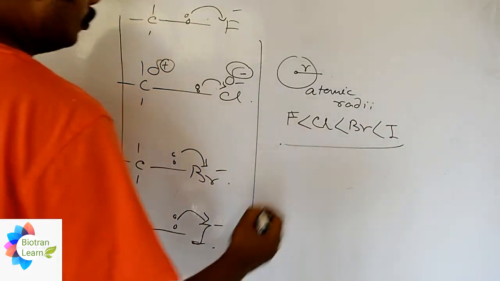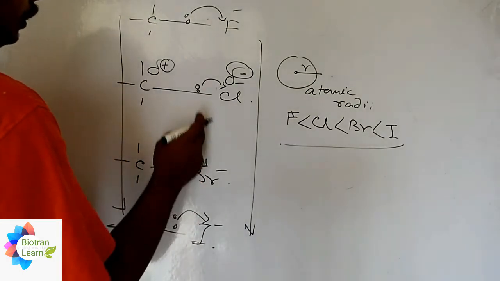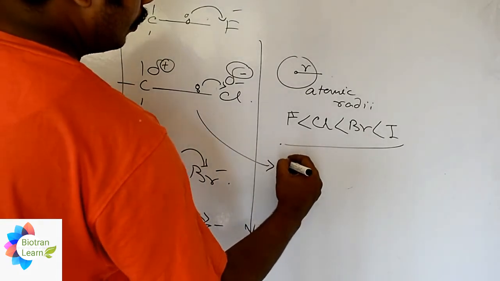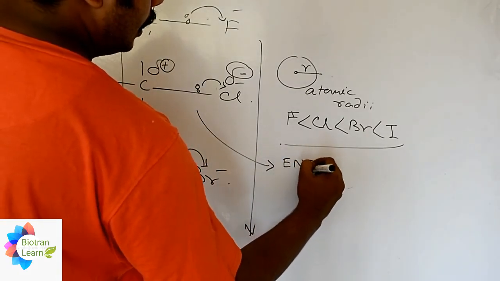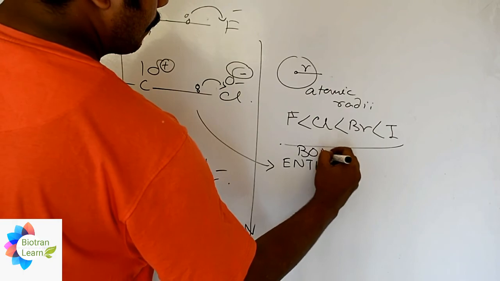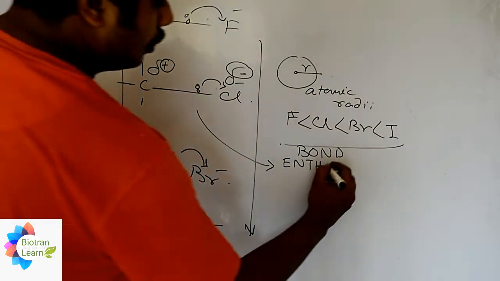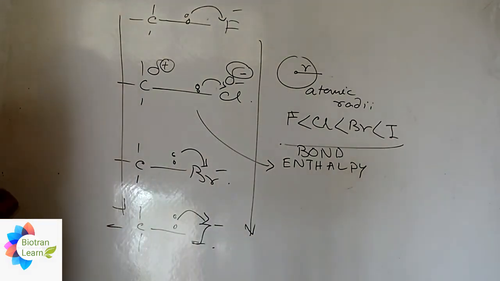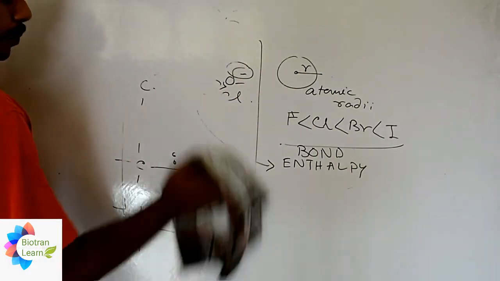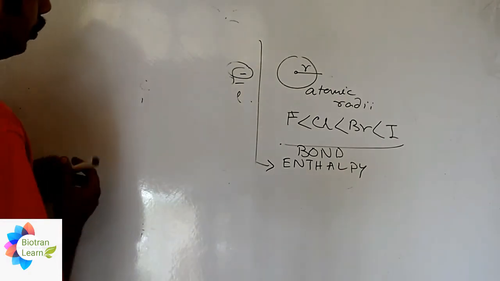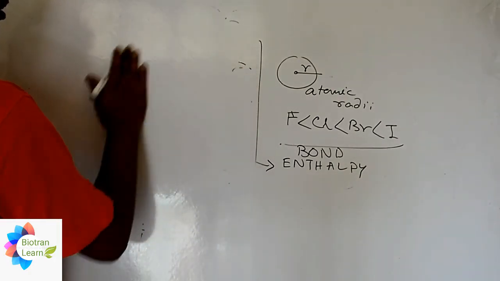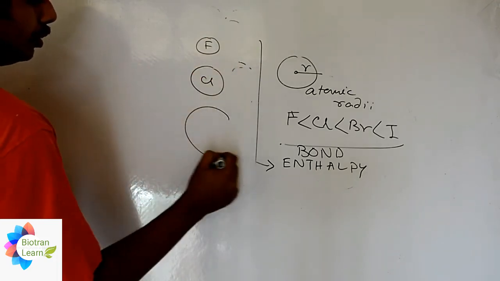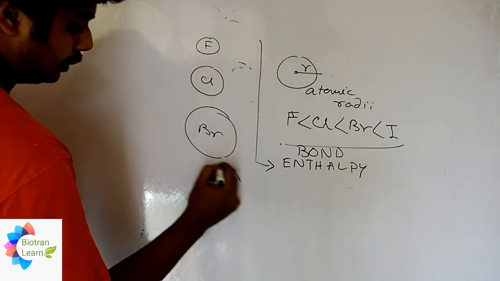So what happens down the group? The bond length will increase, and the bond enthalpy will change. Why? Let's see. Suppose this is fluorine, chlorine, bromine, and this larger one is iodine.